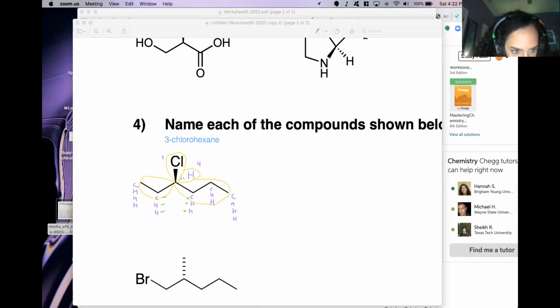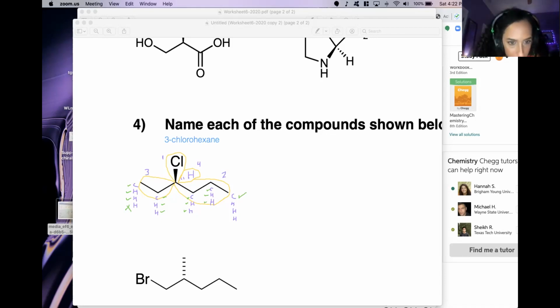All right. So we're going to go carbon, carbon, hydrogen, hydrogen, hydrogen, hydrogen. We ran out, so we go to the next one. Carbon, hydrogen. So we're going to go 2 and 3.